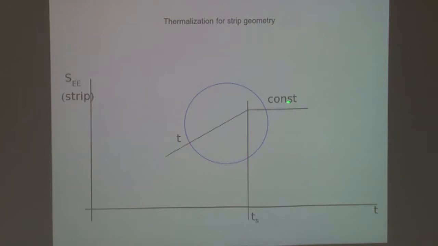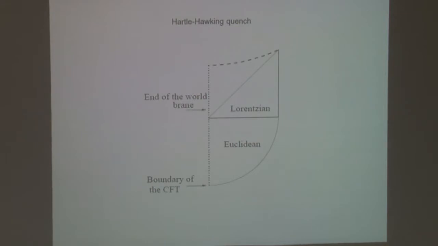In fact, in the geometry, that's what happens. There is a branch which goes off like this, and there is another branch which is the thermal one. So it's like a first order phase transition from the point of view of the geometry. We'll study this one in more detail.